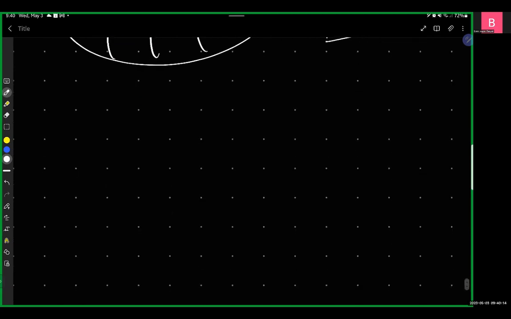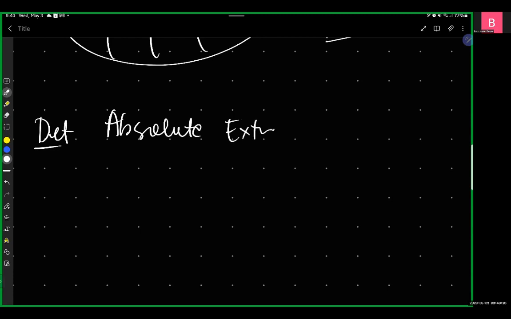So now, let me introduce you to what we call the absolute extreme values. Let's define this thing: absolute extreme values. So what does absolute extreme values mean?